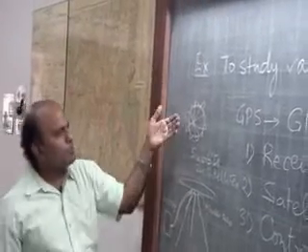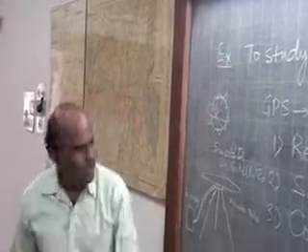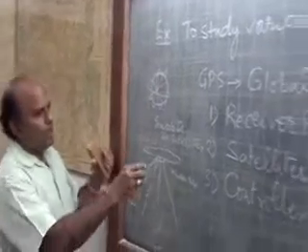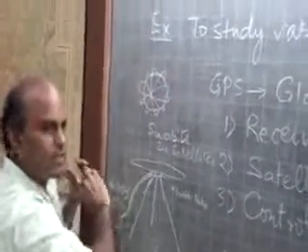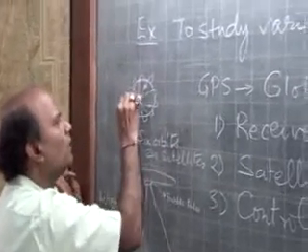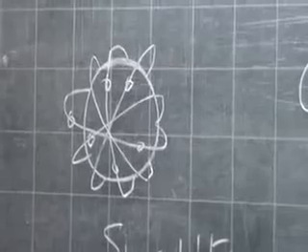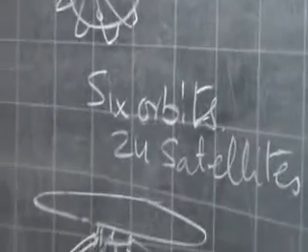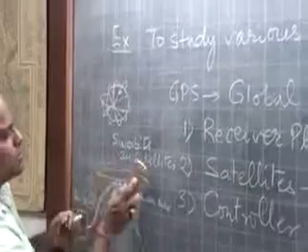But later on, signals from these satellites were made available to civilians. So the second component is 24 satellites moving around the Earth 24 hours, so that anywhere on the globe you stand with the receiver, you start receiving signals from these satellites.